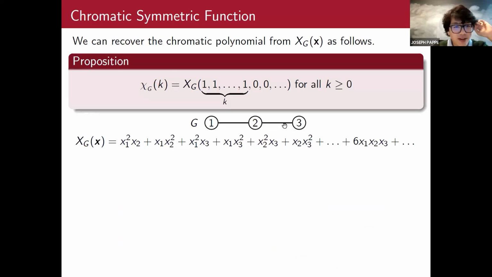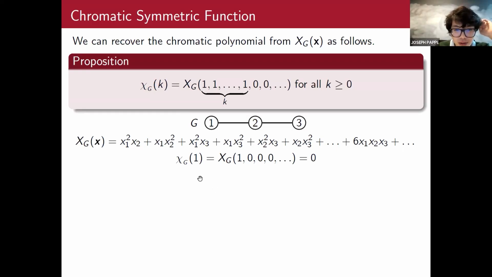So for instance, this is our graph, and this is our chromatic symmetric function. If I wanted to figure out what the chromatic polynomial is at 1, then I plug in 1 into x1 and 0 everywhere else. But every term in this expression contains more than just x1, so all of them will cancel, and we just get 0.